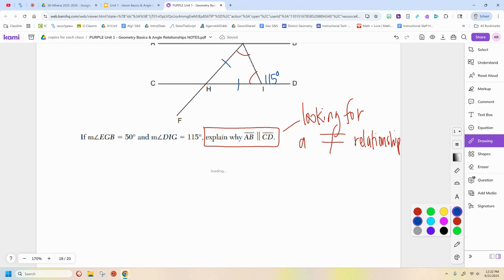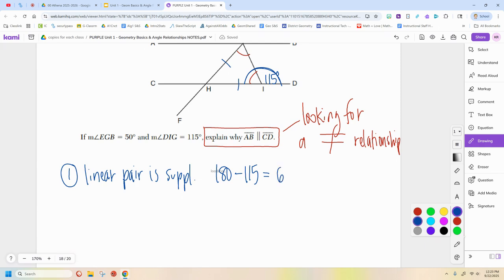Very good. Okay, so step one. What do we call these two angles because they're supplementary? Linear pair. Linear pair is supplementary. I actually did the reason first, but now I'm going to go 180 minus 115 equals 65.